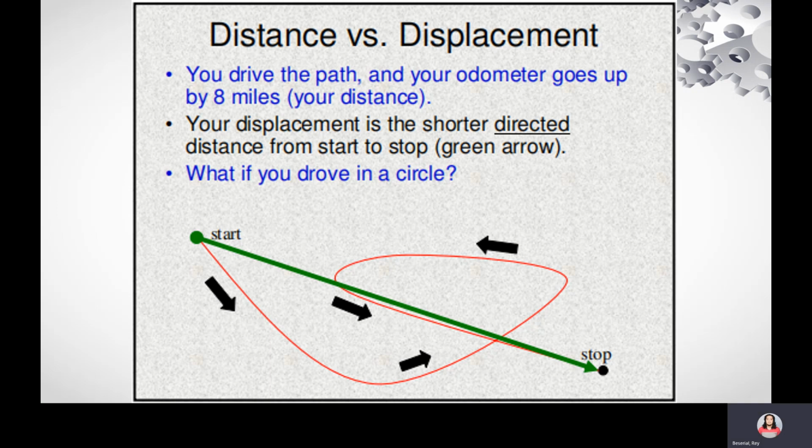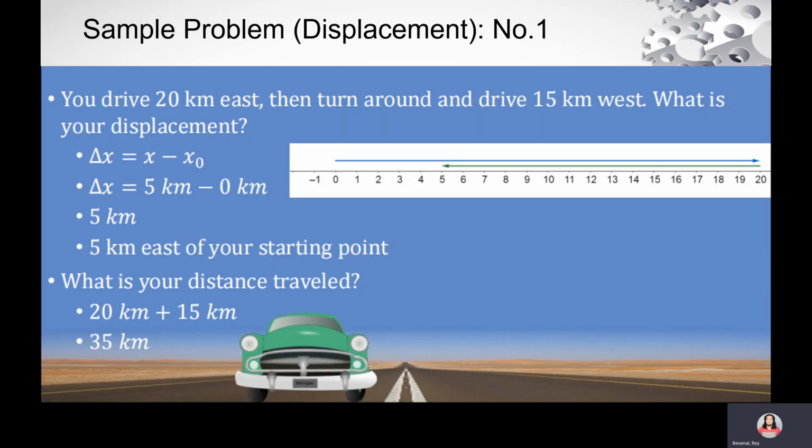Okay, next. Meron tayo ditong sample problem regarding sa ating displacement. So, example dito, you drive 20 km east. So, sandali lang. Ito na pala. So, meron tayo ditong one-line diagram. So, you drive 20 km east, then turn around and drive 15 km west. What is your displacement? So, yung ating 20 km, ito yung ating color blue na arrow.